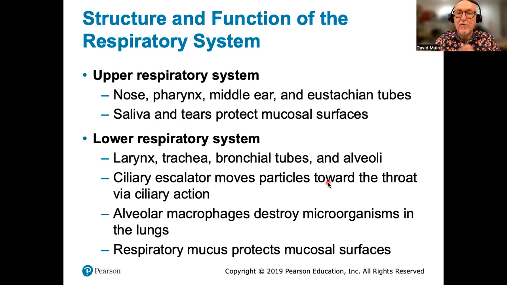The upper respiratory tract, the mucus of the respiratory tract, produces substances which in particular are active against gram positives. One of the things that they produce is an enzyme called lysozyme, which breaks down the gram positive cell wall.